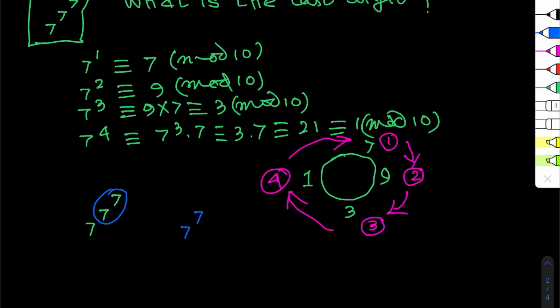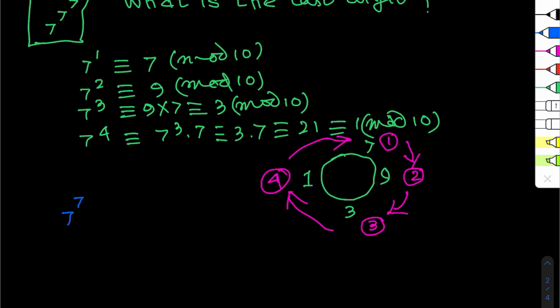So how can we find out the position that the number 7 to the power 7 will take? It is very easy. Just see, we can find 7 to the power 7 when it is divided by the number of positions in the remainder cycle, that is 4.